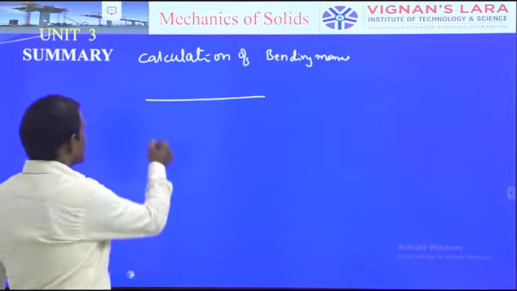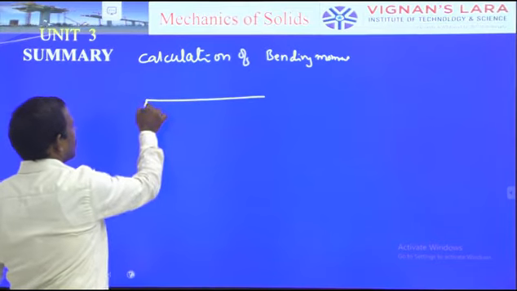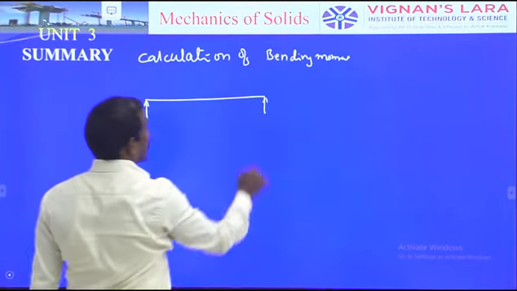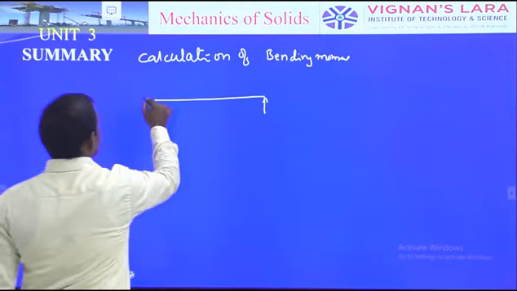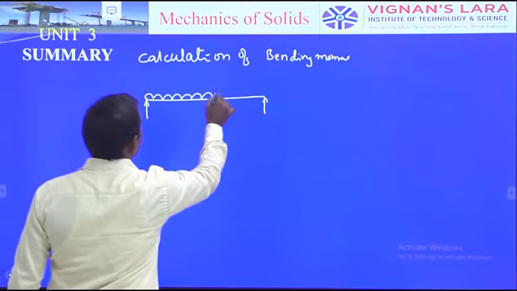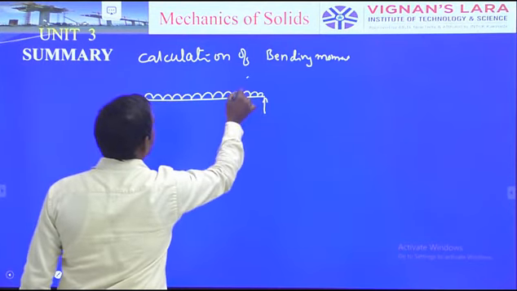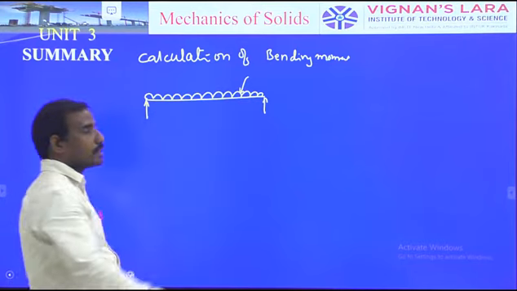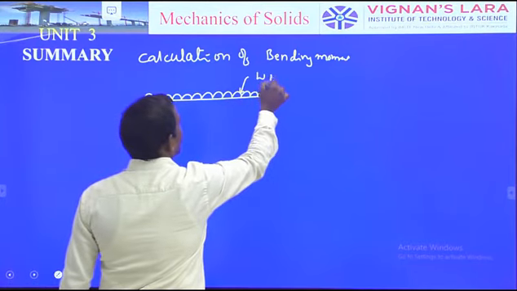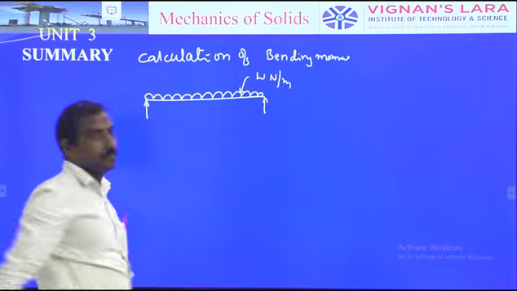Let us consider a simply supported beam, as shown in the figure, subjected to a uniformly distributed load over the entire span, at a rate of loading or intensity of loading of W Newton per meter, for example.